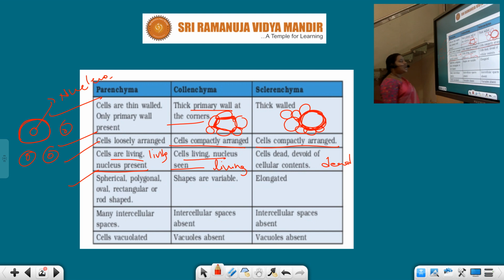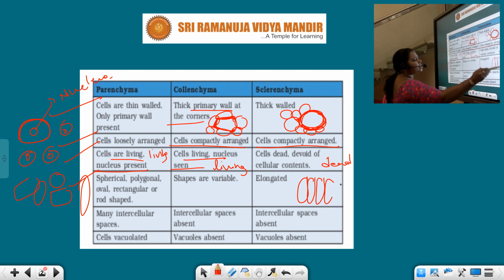As for shape, parenchyma cells are spherical, polygonal, oval, rectangular, or rod-shaped. Shapes are variable. Mostly the cells of the sclerenchyma are elongated. Many intercellular spaces are present in parenchyma; as I said, they are loosely packed.